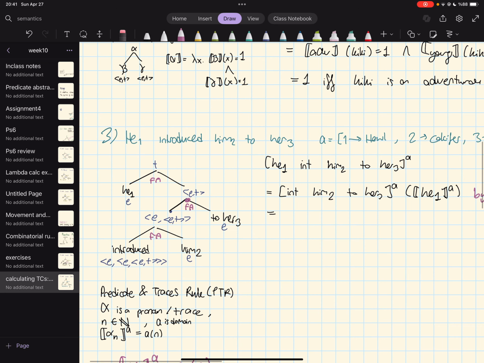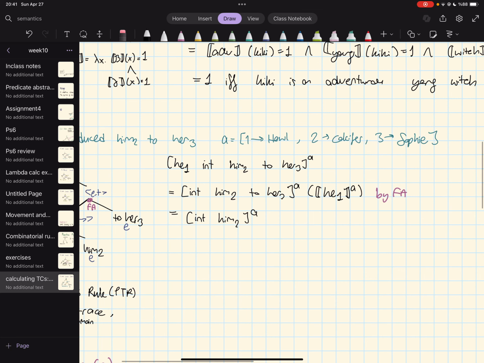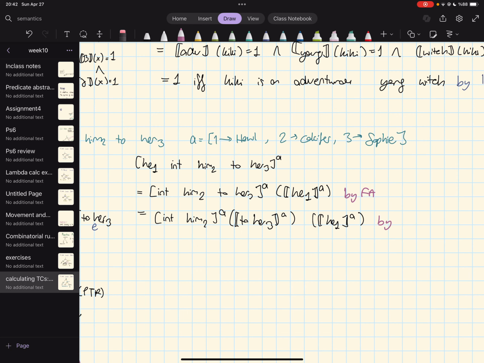We need to calculate this node and we are factoring out to her. So we're left with introduced him to, in the domain A, to her, in the domain A as well. Lastly, he, which I have factored out first, is also in the domain A. This was again thanks to FA.